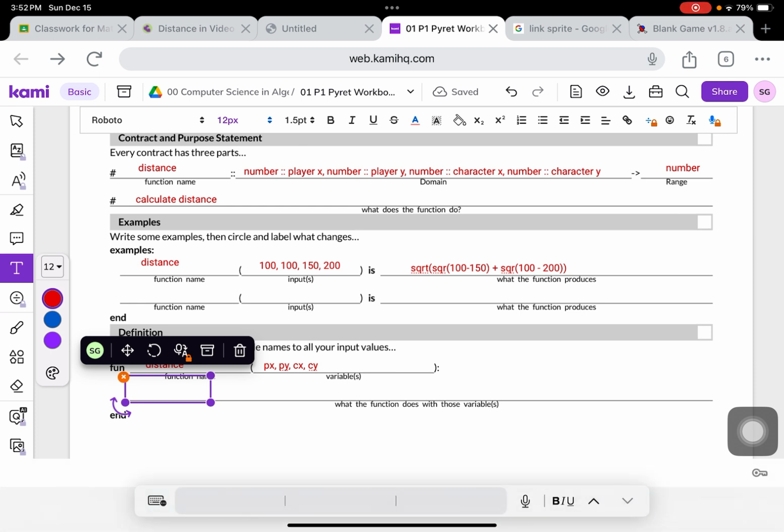Okay, and then you're going to do num-sqrt, sqrt for square root, and then num-squared. And we're going to subtract the x's, px minus cx.